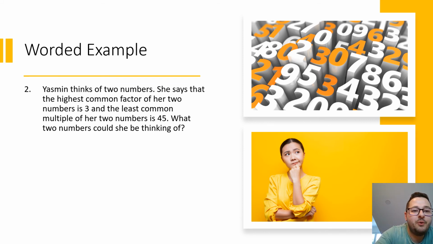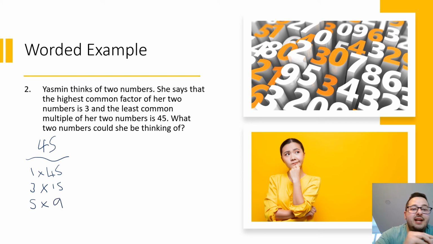So if we start by 45, now we know the least common multiple, so let's work backwards and find out the factors. So the factors of 45 are going to be 1 times 45, 3 times 15, we've got 5 times 9, and that's all of our factors. Okay, and then we know that the highest common factor is 3, so if we're going backwards, we want to do the multiples.